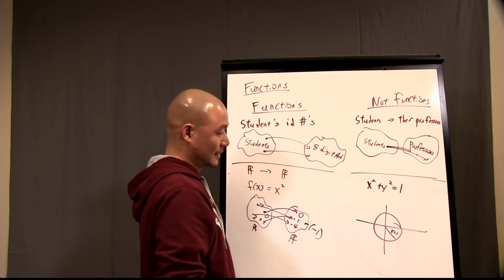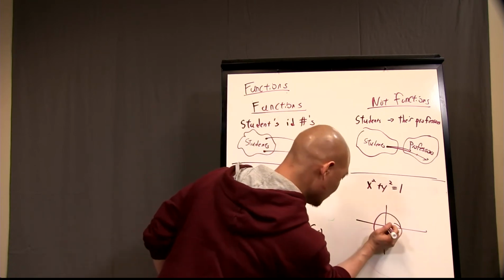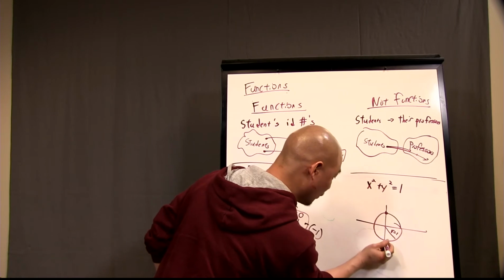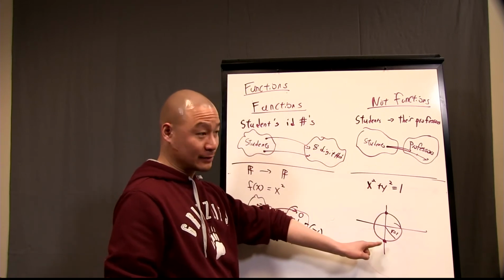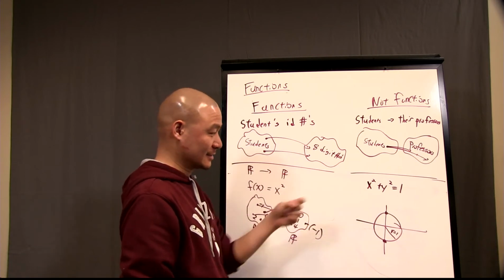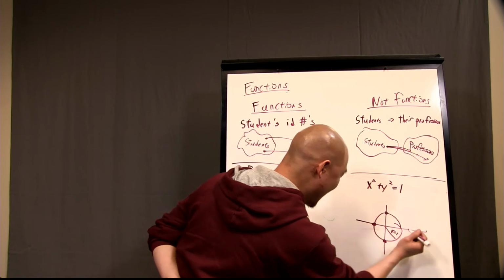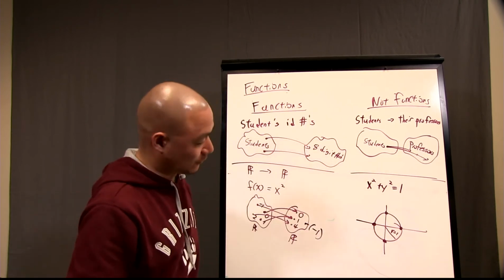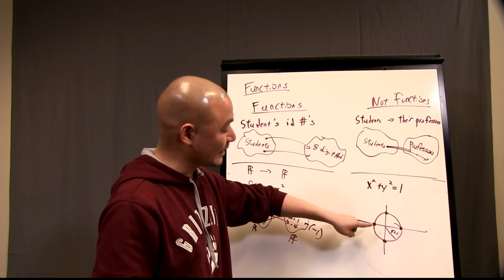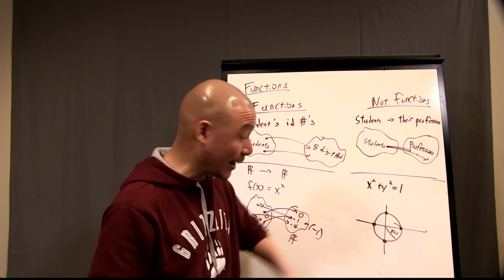For example, if x is 0, y could either be 1 or -1, right? So that means y can't be expressed as a function of x. And similarly, if y is 0, then x could be 1 or -1, so we can't express x as a function of y either.